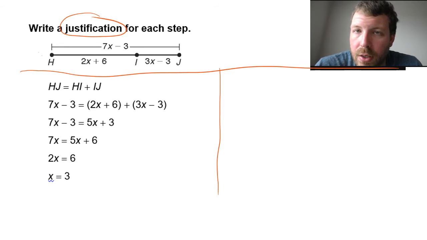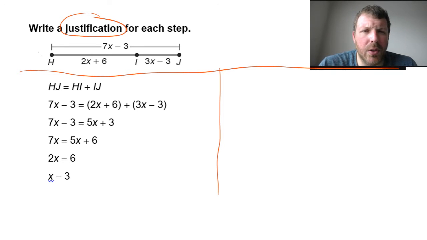Okay, so let's look at this. It looks similar to a problem we looked at before in Unit 1, Module 1, back when we were looking at segment addition. This says HJ is equal to HI plus IJ, so HI plus IJ equals HJ.